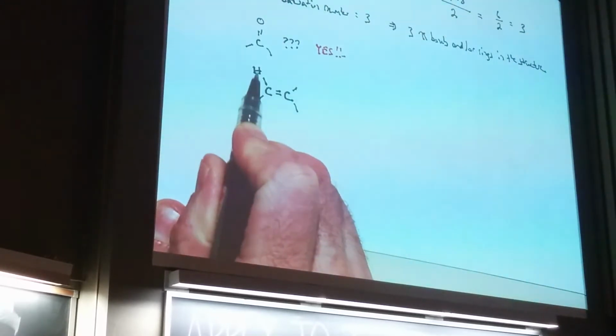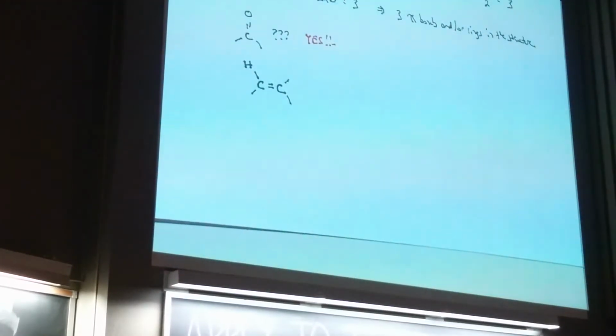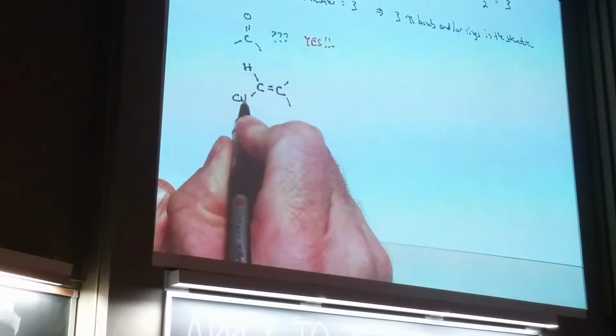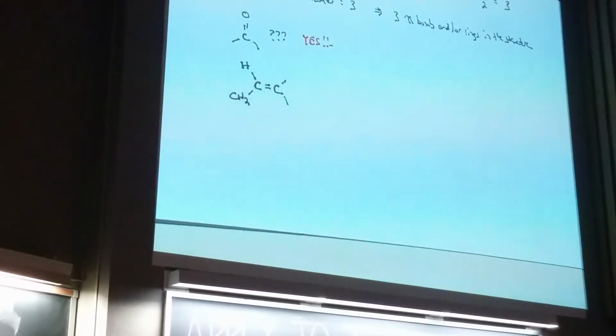What does the fact that that signal is split into a triplet suggest? That carbon that bears the 1 hydrogen must be neighboring a carbon that has 2 hydrogens. I say this all the time.